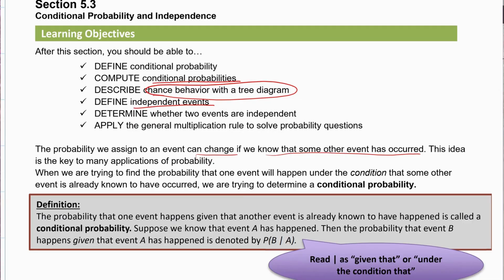The probability that one event happens given that another event is already known to happen is called a conditional probability. Our symbol here is P for probability, then event B, given that event A has happened. So this little vertical line means given that, or under the condition that.